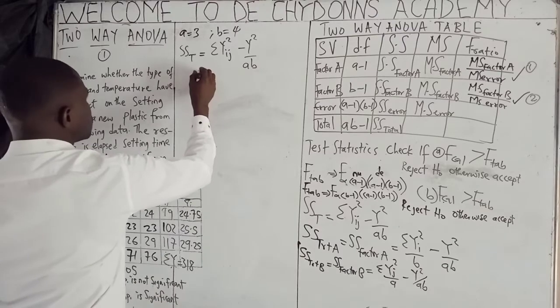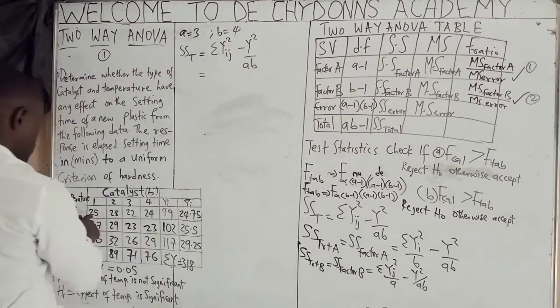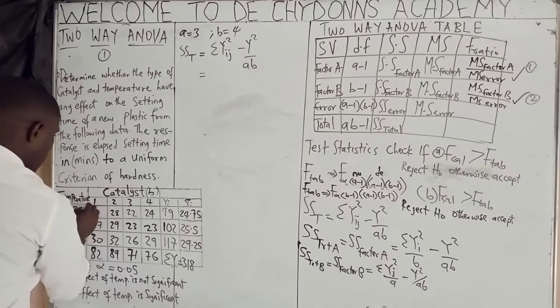Summation of yij squared simply means square each of the things you are seeing here.